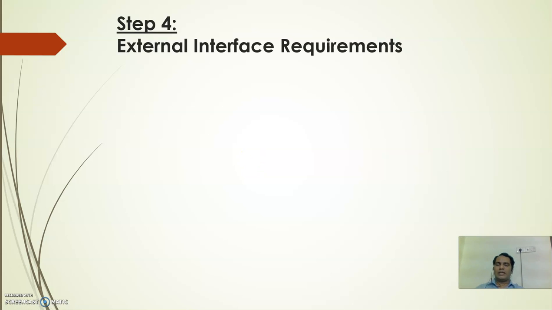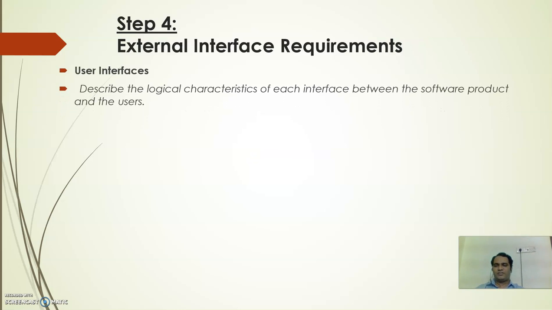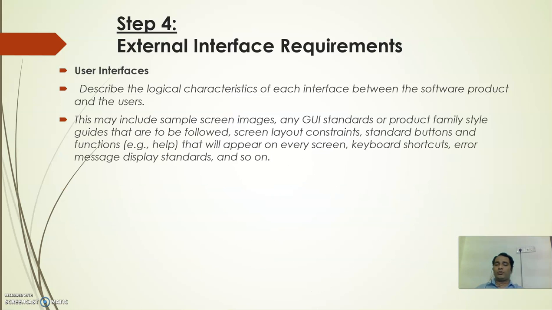Then we have external interface requirements under step 4, where we will mention user interfaces. Describe the logical characteristics of each interface between the software product and the users. This may include sample screen images, user interfaces, nothing but your human computer interaction, HCI. You can have GUI standards, what sort of GUI you want to implement, and product family style guides that are to be followed.